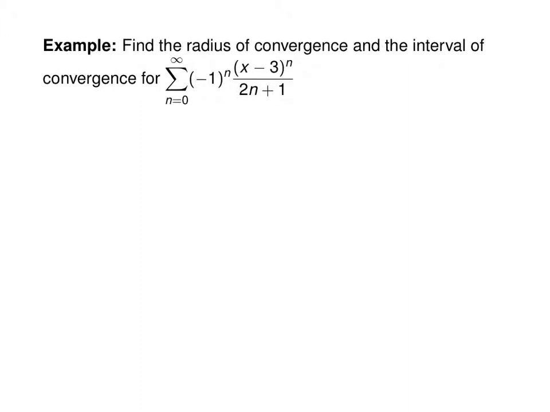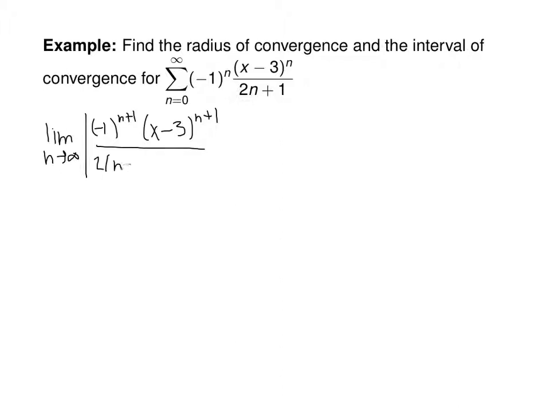And next, let's find the interval of convergence and radius of convergence for a slightly more complicated series. So let's apply the ratio test. Negative 1 to the n plus 1, (x minus 3) to the n plus 1, over 2(n plus 1) plus 1, multiplied by 2n plus 1 over negative 1 to the n, (x minus 3) to the n.